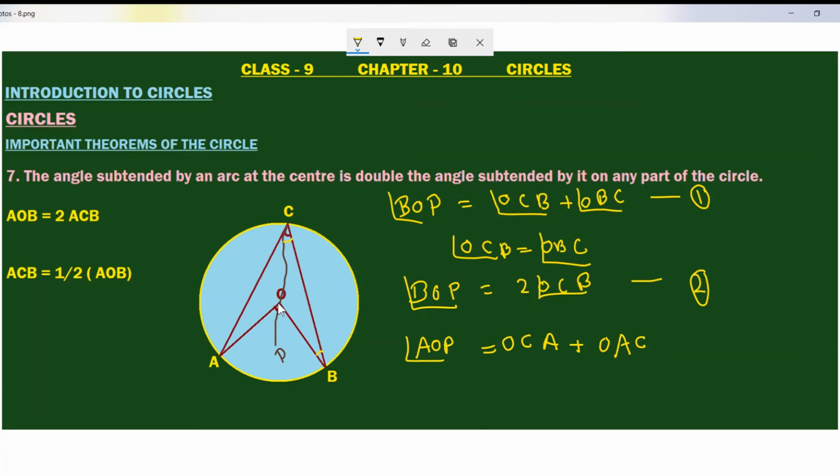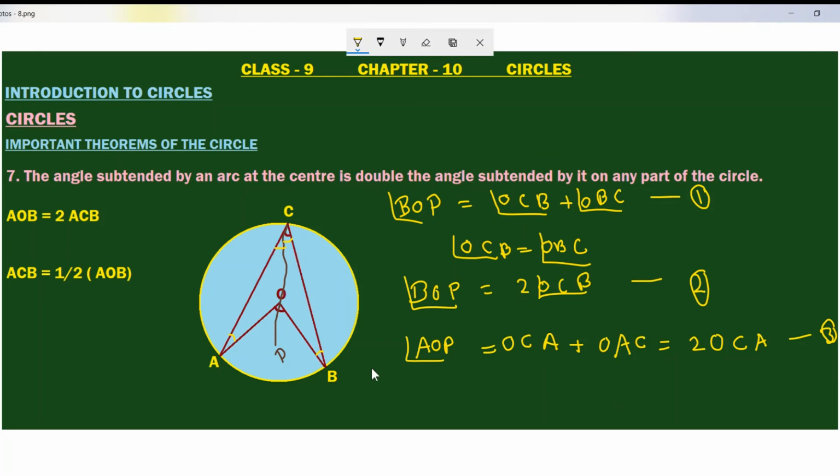Here also you can see OC and OA both are radius of the circle. If these two sides are equal in this triangle, then we can say AOC is also an isosceles triangle and these two angles will be equal to each other. So I can write OCA instead of OAC. So if we do like that, I will get 2OCA because these two angles are equal to each other. So this is my third equation.